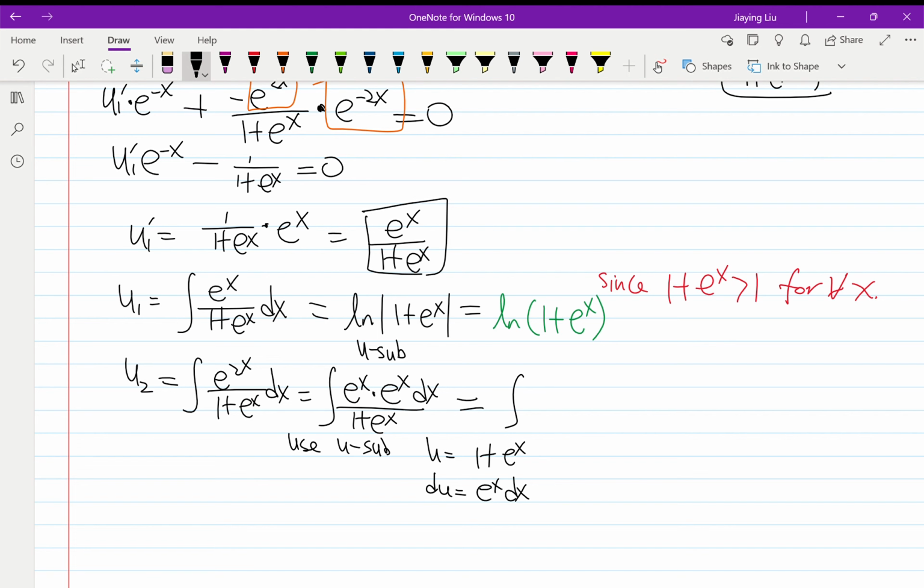So that becomes, this is u in the denominator, this is du. What about this e to the x? Well, that we can replace by rewriting this equation, u minus 1 equals e to the x. So we get u minus 1 over u du.